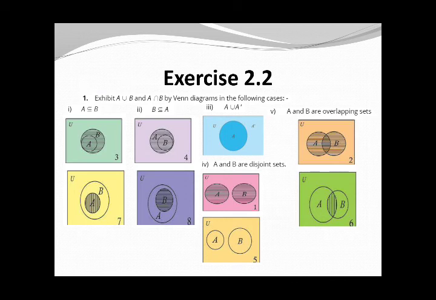If we want to show their union, both circles are shaded, and for the intersection, empty set, no shade. In the last part, A and B are overlapping, then the whole diagram, both whole circles, are shaded, and in the intersection, only the common area is shaded.